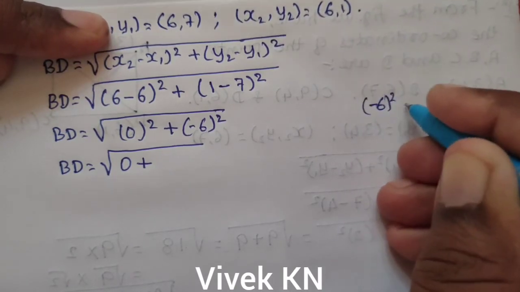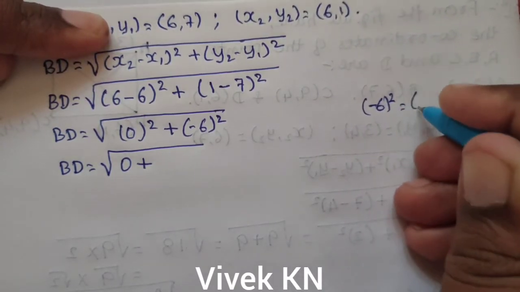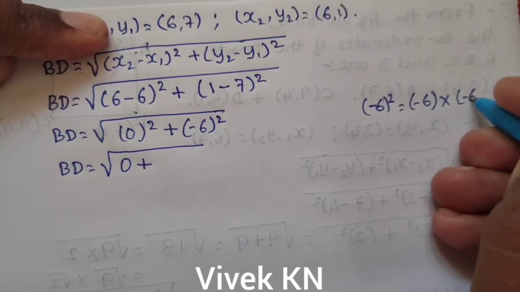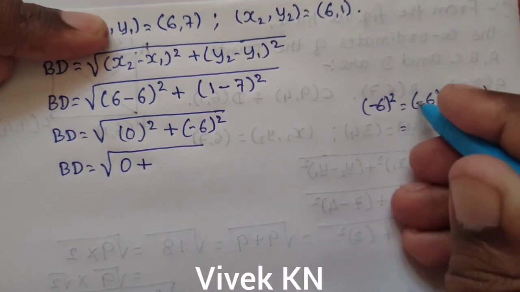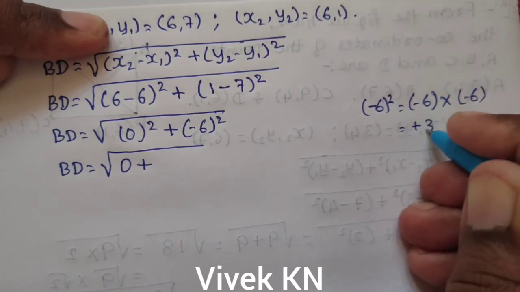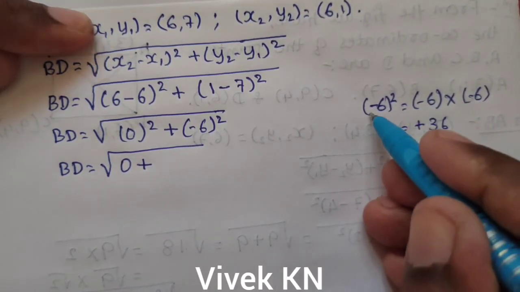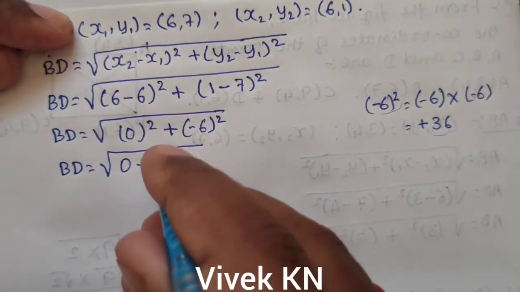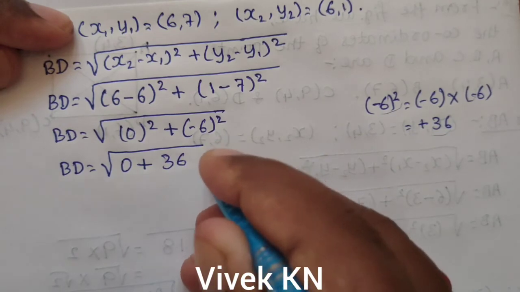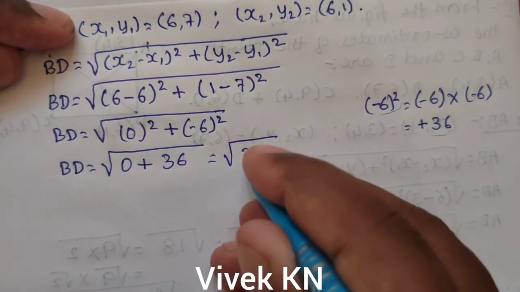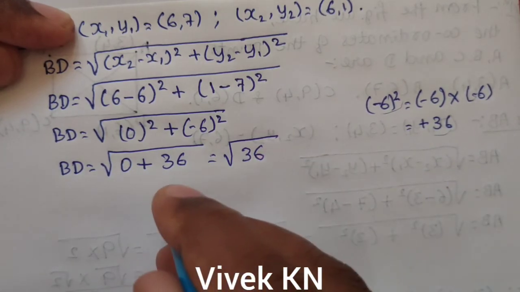Minus 6 whole square is nothing but we have to multiply minus 6 two times. Minus into minus is plus, 6 into 6 is 36. That is the value of minus 6 whole square is plus 36. That is adding 36 and 0 we get 36 only.